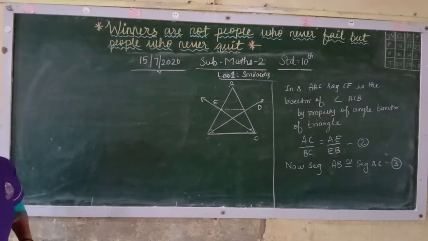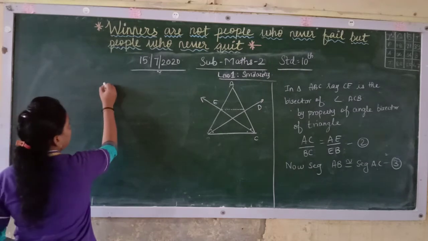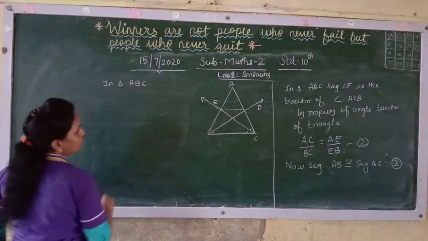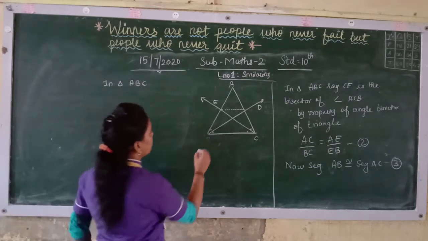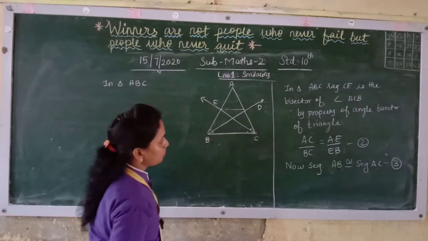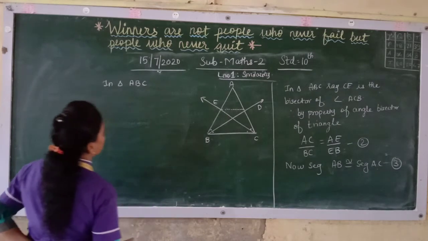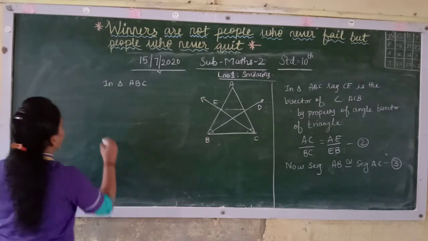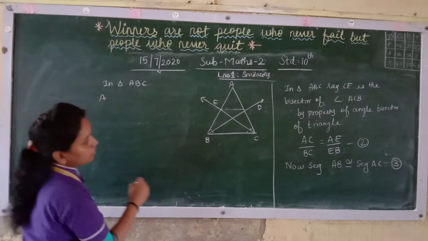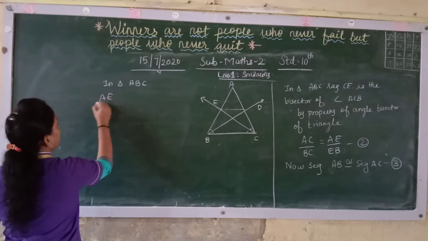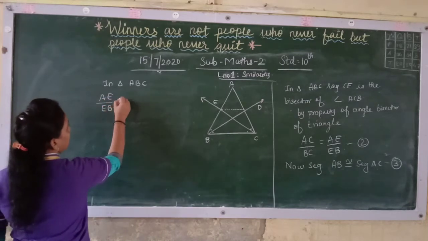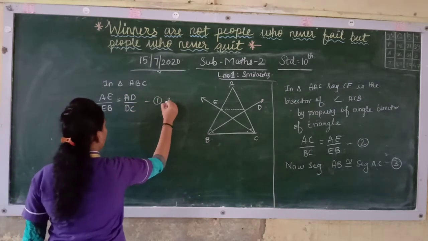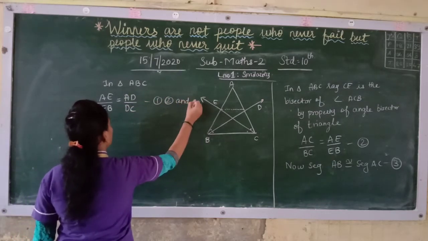So when I have erased, now see, in triangle ABC we got AE upon EB is equal to AD upon BC, that is from 1, 2 and 3.